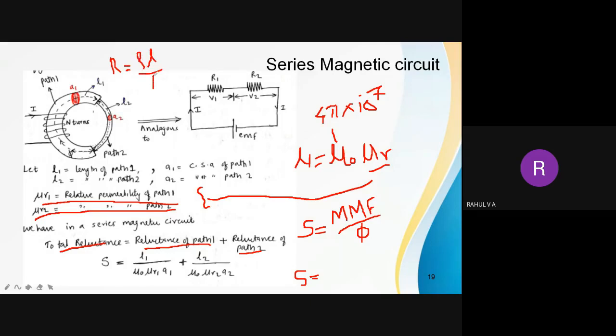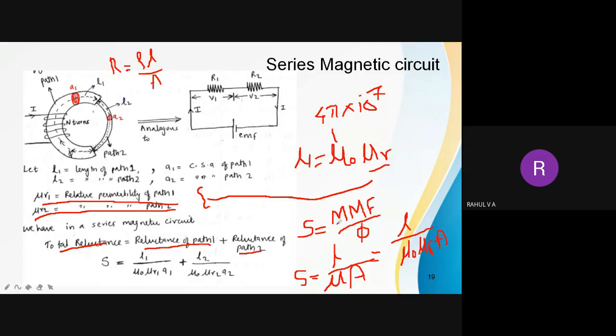Similar to that, we have an equation here. S is equal to L by mu A. Or we can rewrite this equation as L divided by mu 0 mu R A. So this is the formula for reluctance.